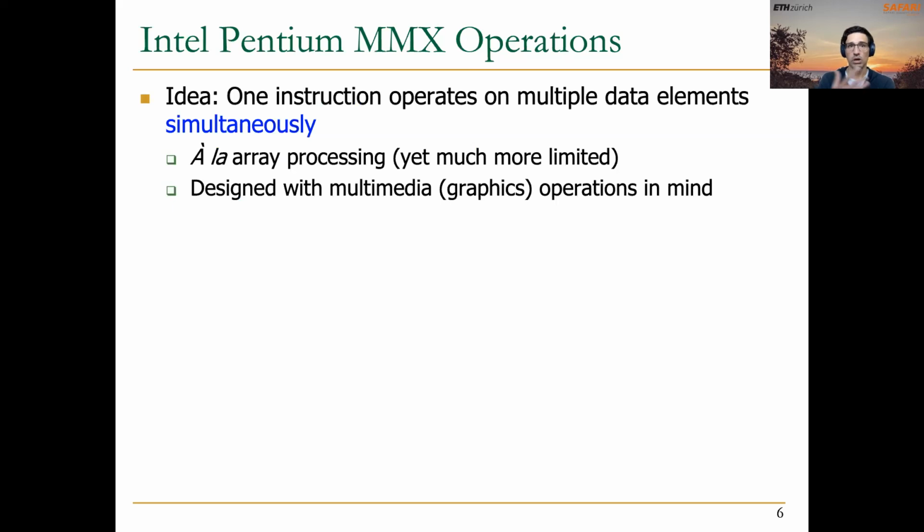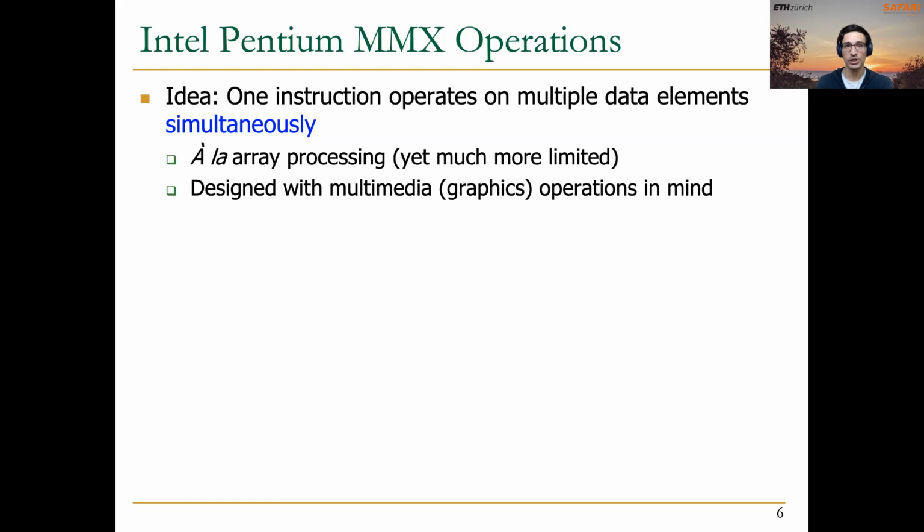The first, if not the first, the most popular SIMD extension in CPUs were the MMX operations that appeared in the 90s.